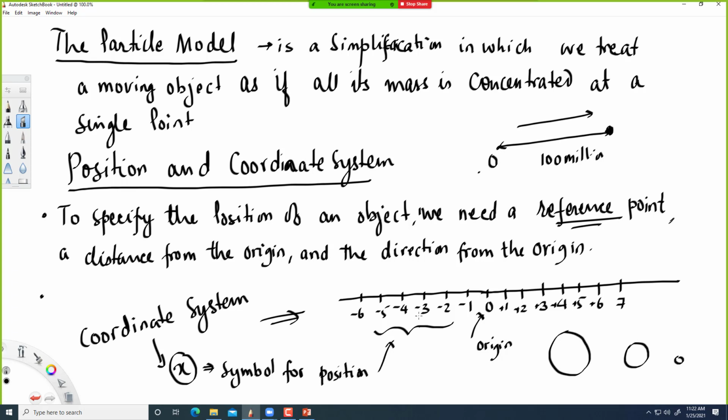Instead of writing all these numbers, you can just represent that by x. X is like a placeholder, like a basket, that will accept the value based on where you are. It's a variable.